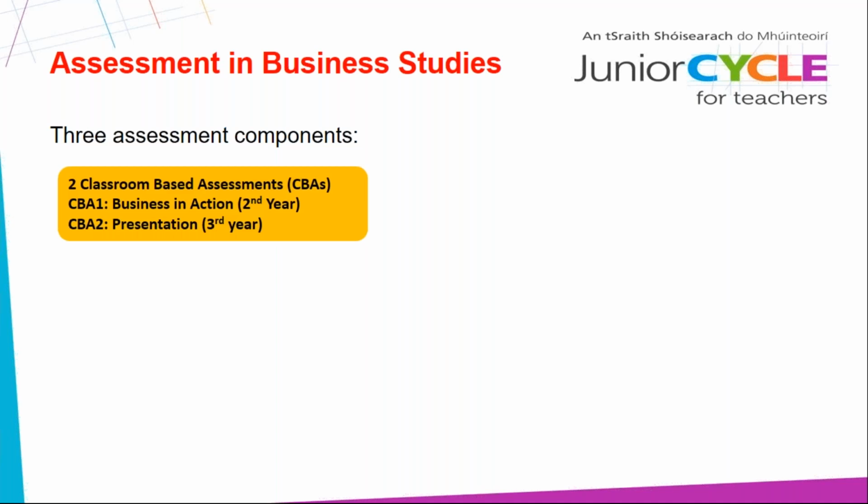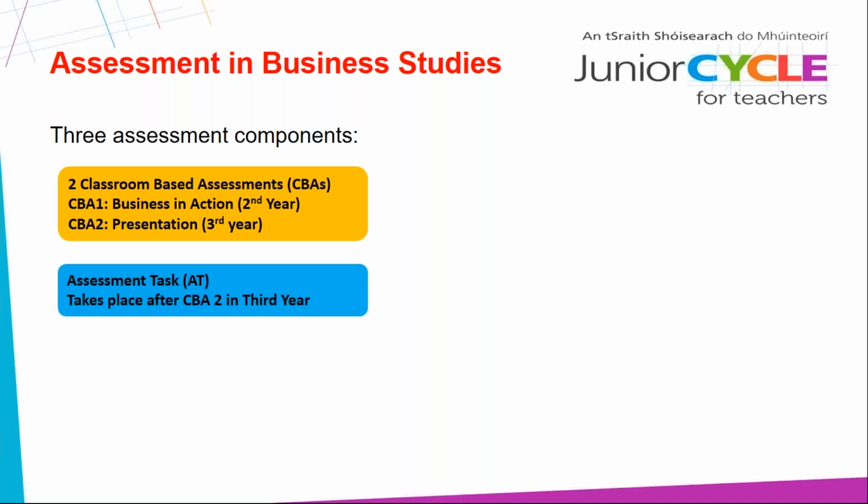There are three separate assessment components. The first of these components are the classroom-based assessments, or CBAs. There will be one CBA in second year. This will be a group-based Business in Action project. The second of the CBAs will take place in third year and is an individual presentation project.